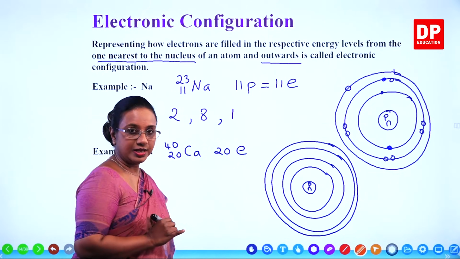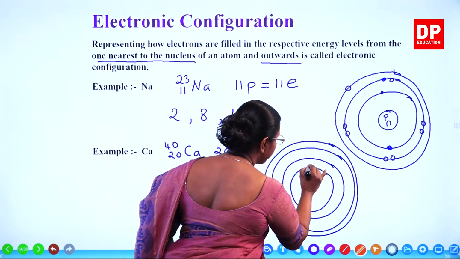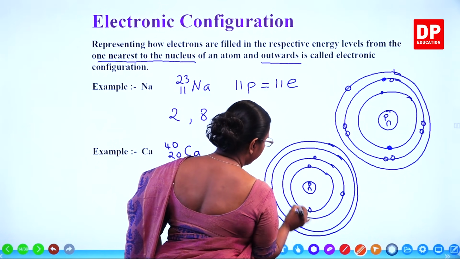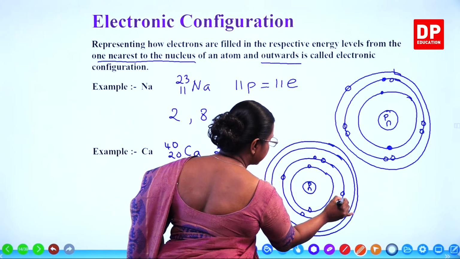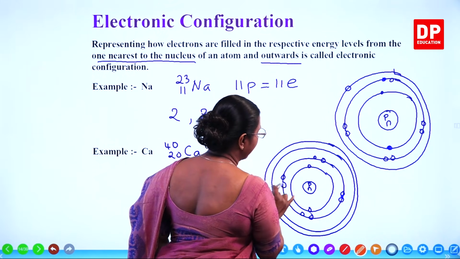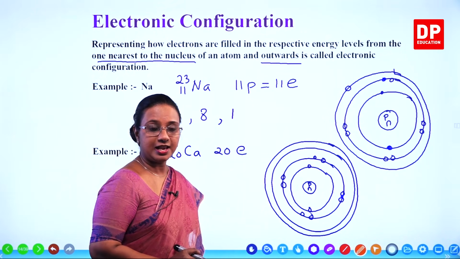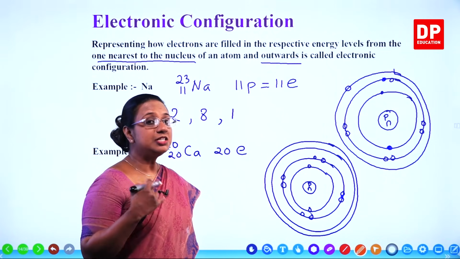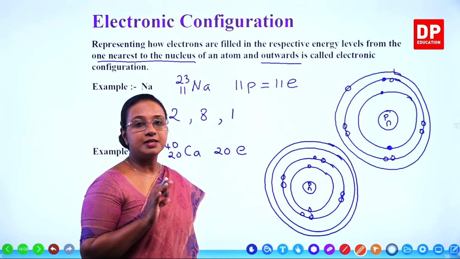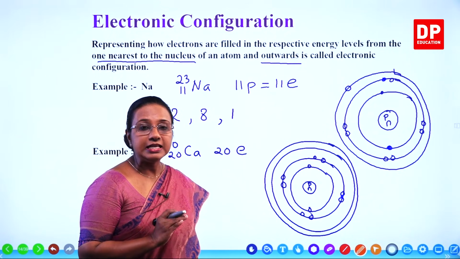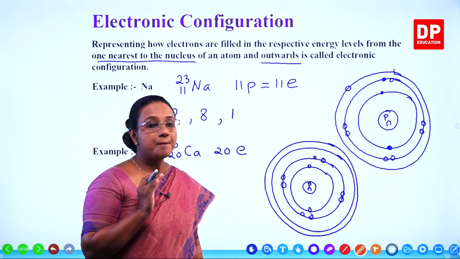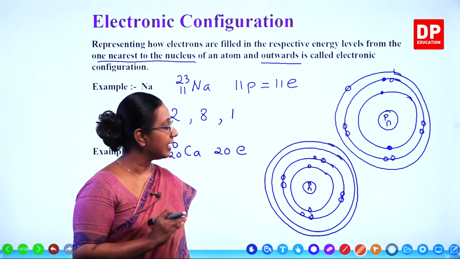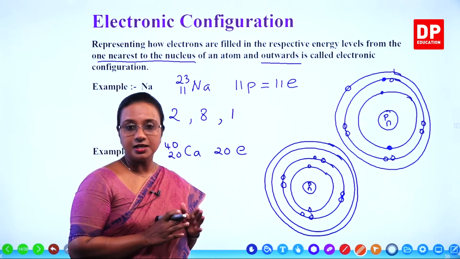So out of these 20, first shell can have 2. The second shell can have 4 plus 4, 8. So 2 plus 8, already 10 electrons have been assigned. Another 10 more electrons. In the third shell, there are a maximum possible number of 18 electrons. But here we can only allocate 8 electrons into the third shell.